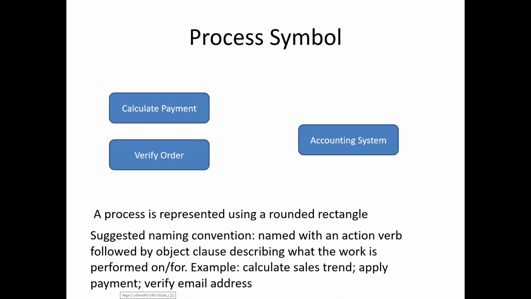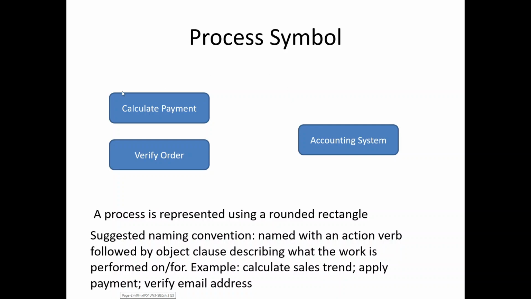In data flow diagram, we represent a process as a rounded rectangle. Inside the rectangle, we put down the name of the process. Here is a suggested naming convention. That is, the name of the process consists of two parts. The first part is a verb, and then the second part would indicate the data to be processed or to be generated.